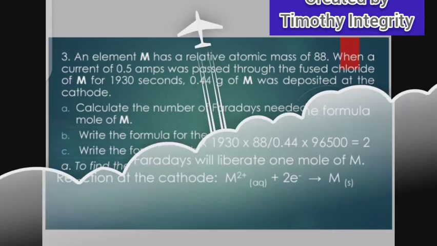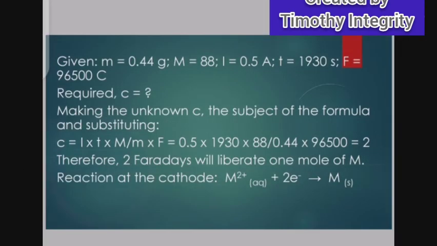So we have all the parameters given to us there. Of course, Faraday is 96500. Now we are required to find C. So making C the subject of formula and substituting, we have that C is 2. Therefore, 2 Faradays will liberate 1 mole of M.